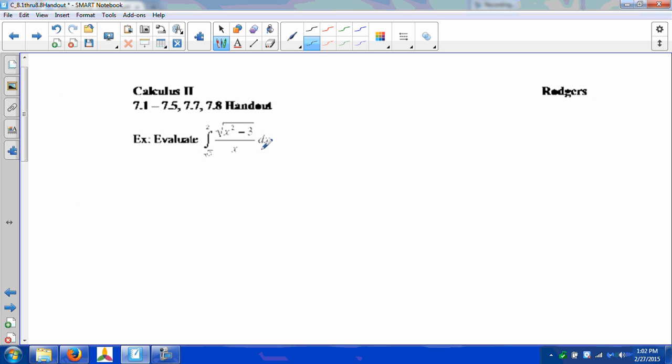Okay, so now we have an integral. I'm not sure what that is. I think that's a root 3, and that's a 2. I don't have my handouts with me, so we're going to go with that. And that's a root 3, and that's a 2. And then this is c squared minus b squared. So I'm going to draw my right triangle.